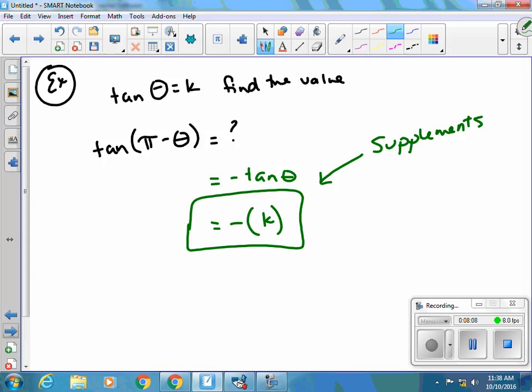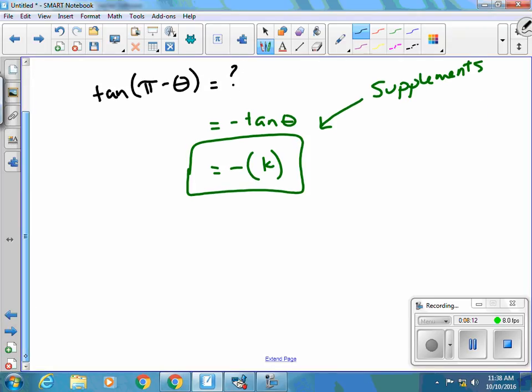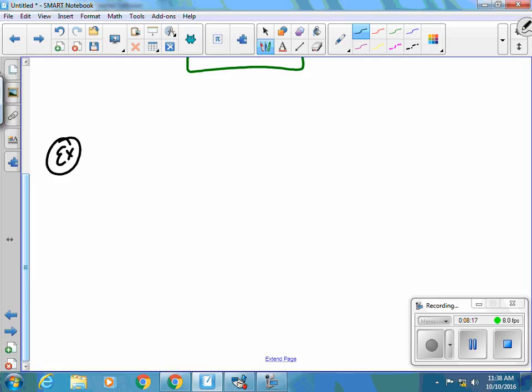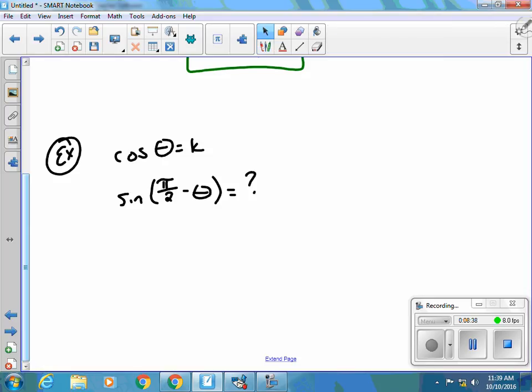Okay, so let's look at another example here. Let's say that I have cosine of theta equals k, and I want to find the value of sine of pi over 2 minus theta. Again, I'm going back and looking to figure out which one this matches up with.